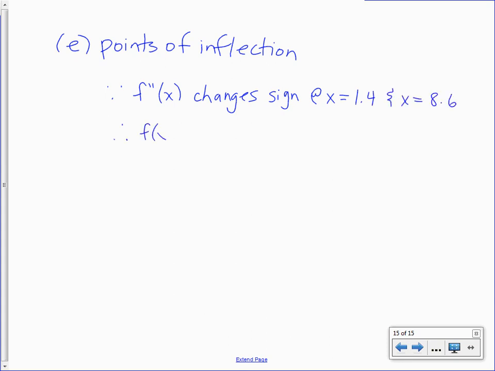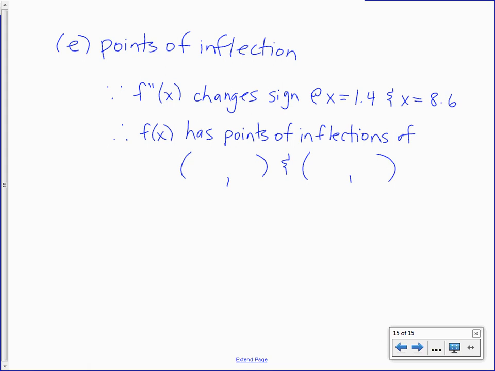Therefore, f of x has points of inflection. Now don't lose a silly mark here. If I want a point of inflection, you better tell me a point of inflection, okay? I need points, so I need 1.4, 8.6.